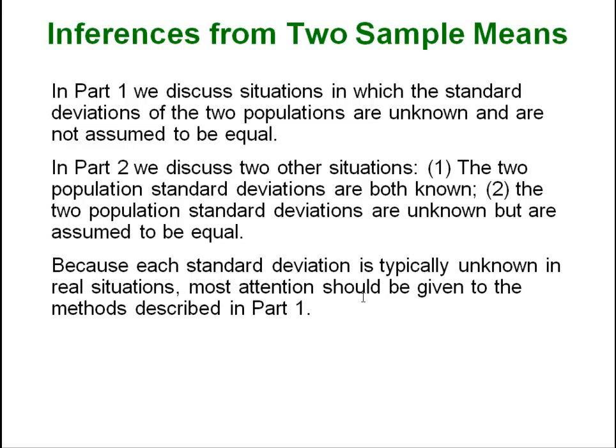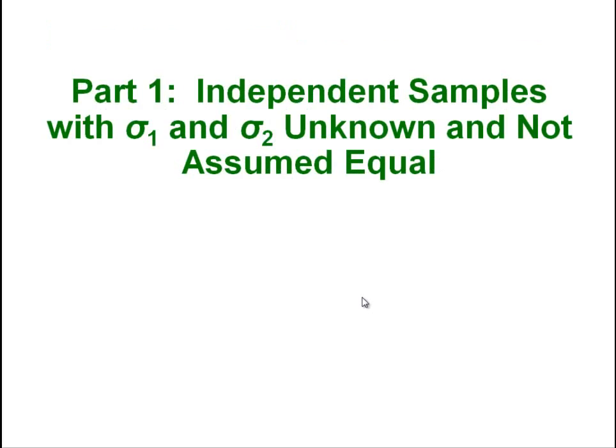In part two, we'll just briefly look at the other two situations, in fact, where one, the two population standard deviations are known, which is very unlikely, and two, the two population standard deviations are still unknown, so we still don't know what they are, but we assume them to be equal. And because we normally don't know the standard deviations, and because it's normally not a good idea to assume they're equal, the techniques in part one are going to be the techniques you would use most often in a real world situation. So let's start with that.